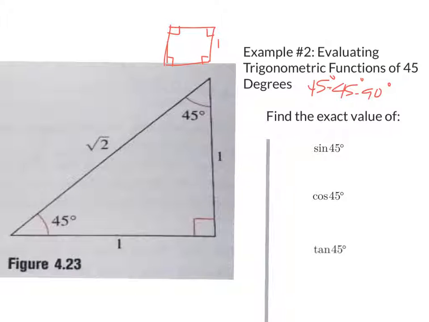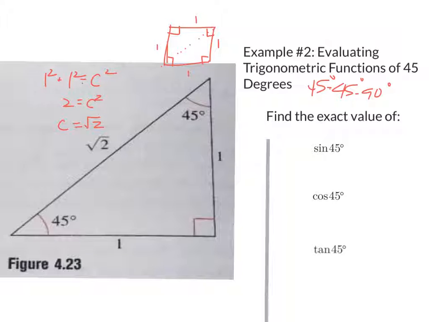If you have a basic square with a side length of 1 and you cut it along the diagonal, then essentially what you have is 1 squared plus 1 squared equals some c squared. That's going to be 2 equal to c squared, and so c is going to end up equaling the square root of 2. So that's where that comes from. Not that you probably need to know, but I just wanted you to have that information.